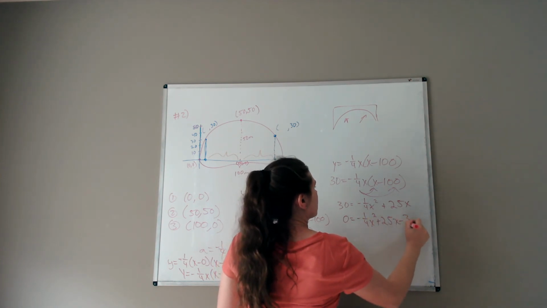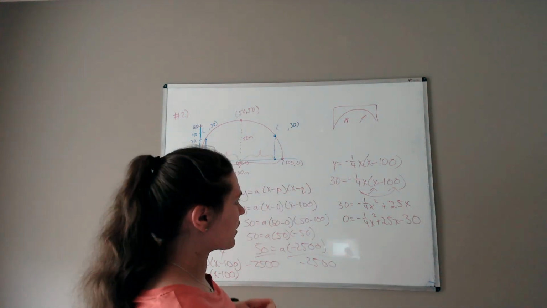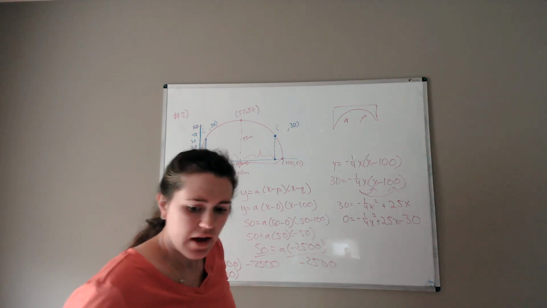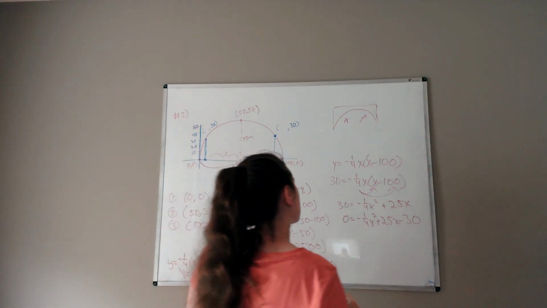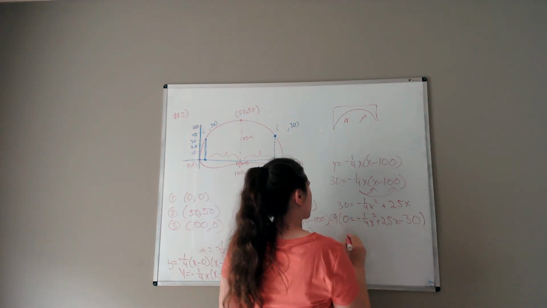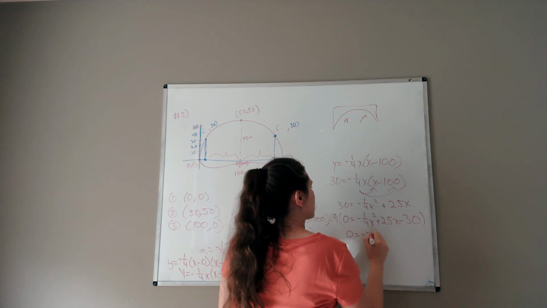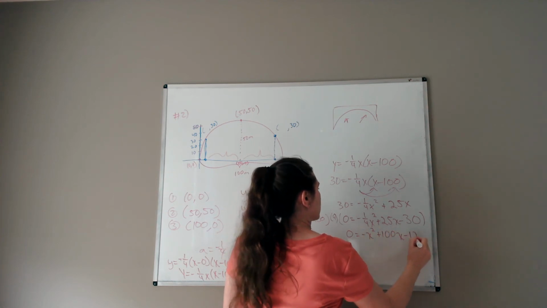Okay? So we have 0 equals negative 1/4 x squared plus 25x minus 30. If you don't want to use a fraction in the quadratic formula, we talked about creating a multiple equation. Okay, we can multiply this equation by 4. It's going to give us 0 equals negative x squared plus 100x minus 120.